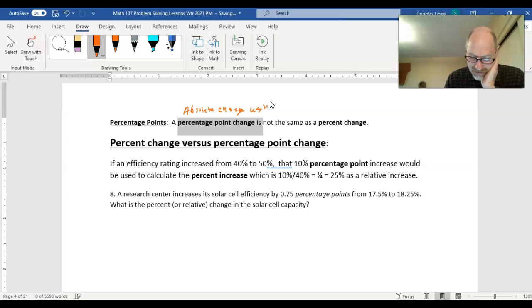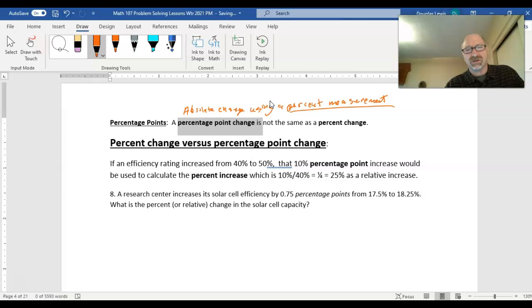It's using a percent measurement. So you only have a percentage point change if what you're talking about in the first place is a percent measurement. So we have percent measurements in things like interest rates.